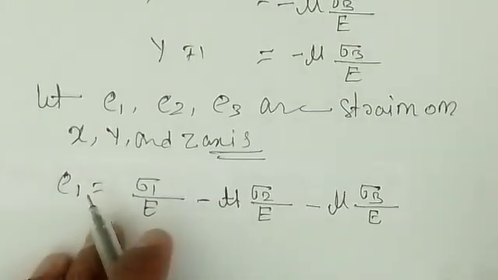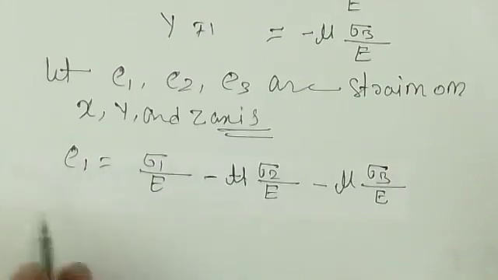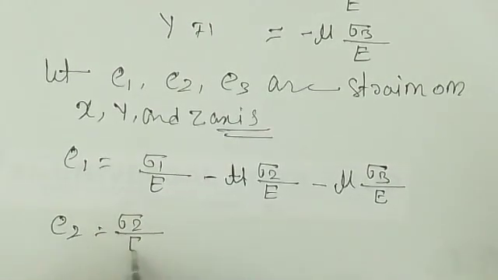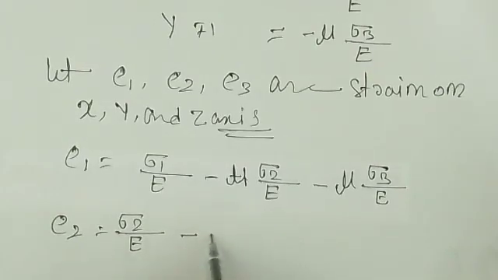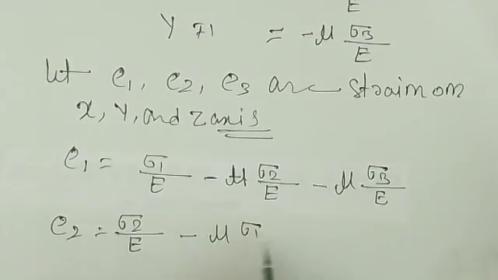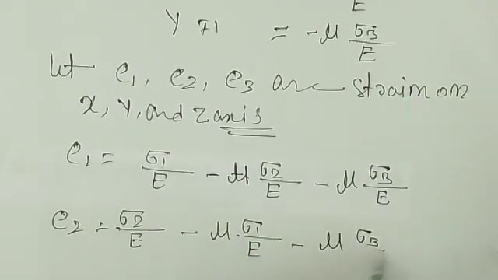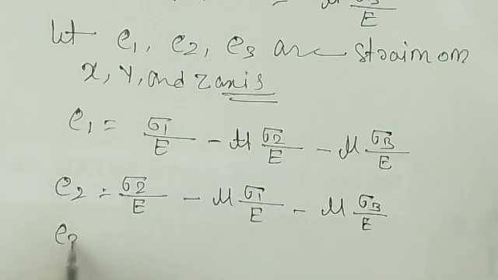Similarly, if I write for E2, right? So E2 is what? Sigma 2 by E, because of this sigma 2 strain on y axis is a longitudinal and the x and z will be lateral. So next is what? That is minus mu times of sigma 1 by E minus mu times of sigma 3 by E. Okay, now then finally E3 is equal to what?